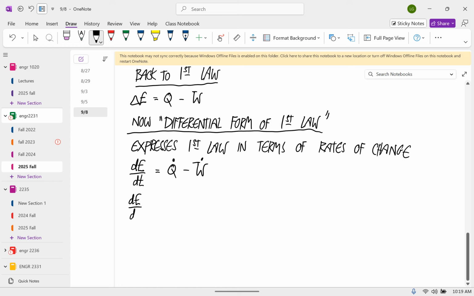This dE dt is just the time derivative of all of those things that make up the energy. So that's d kinetic energy with respect to time plus the derivative of the potential energy with respect to time plus the derivative of the internal energy with respect to time. This is usually the one that we care about the most, just like with the regular first law.